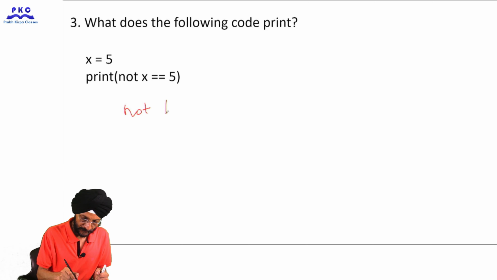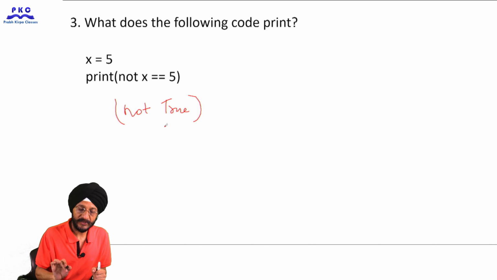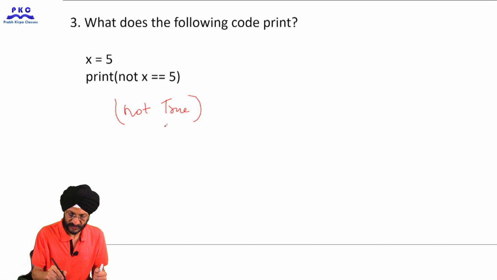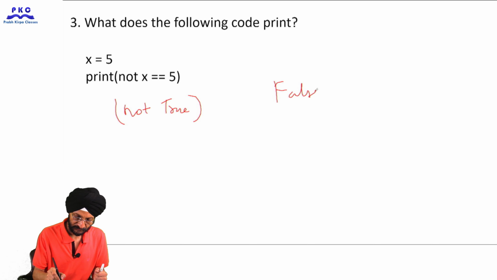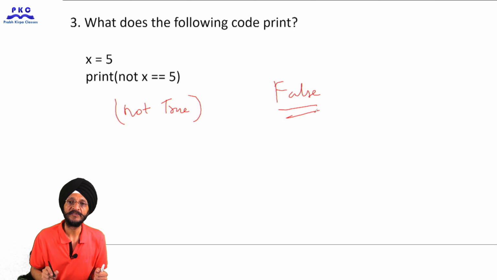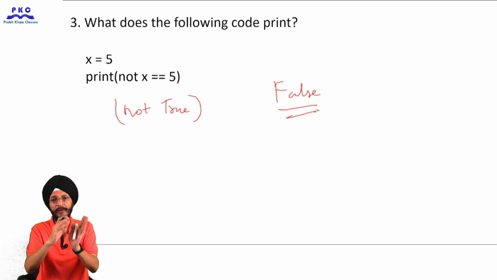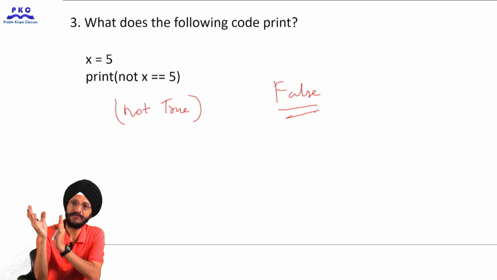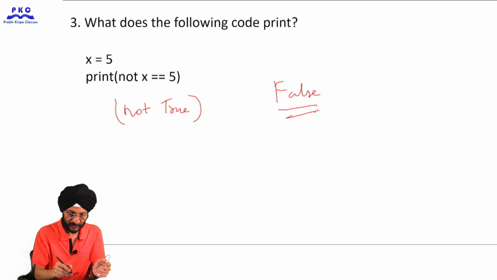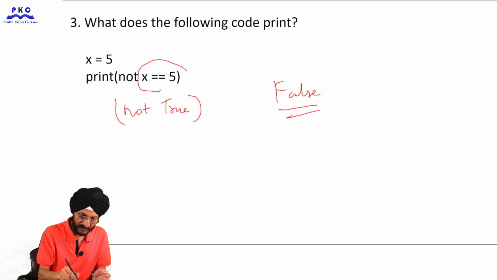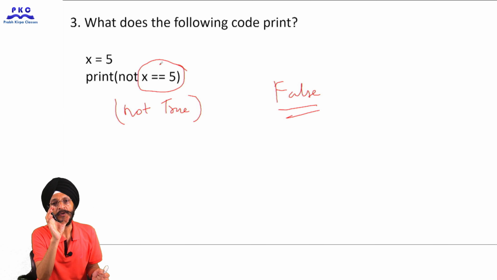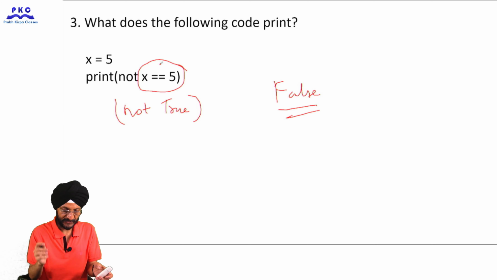It is true. That means what is given to us is not true. Print not true. Not true means false, because in the case of the not operator, not false becomes true and not true becomes false. Here the expression given is true, so not true is false.